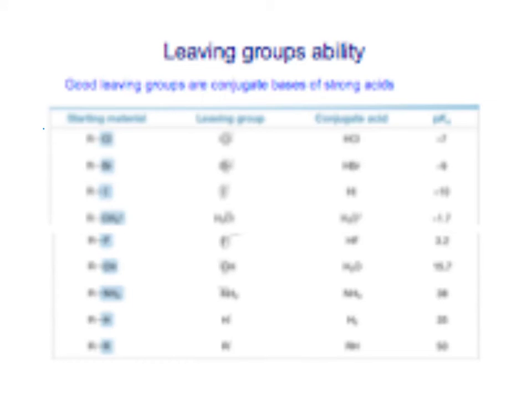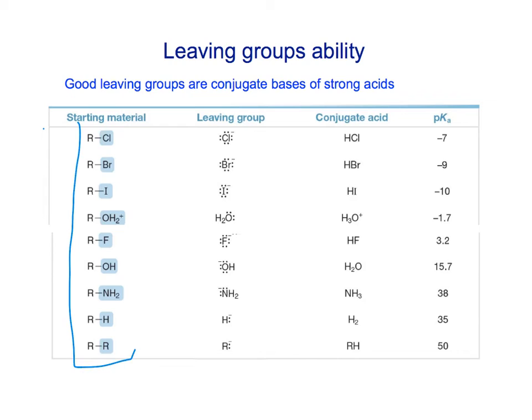In this slide, we have a series of possible alkyl groups bearing leaving groups. In each of these cases, the group in blue would be the leaving group, and that's marked over here. What we want to figure out is whether those leaving groups are conjugate bases of strong acids. To get to the conjugate acid, we just add a proton.